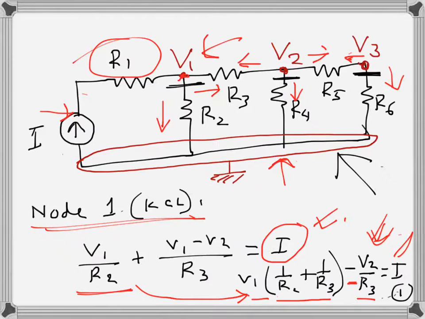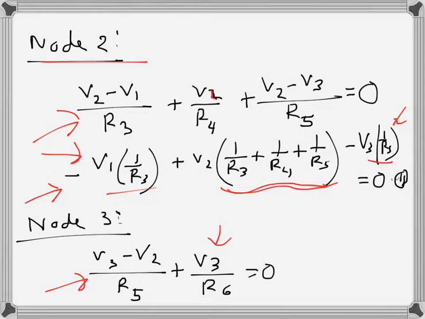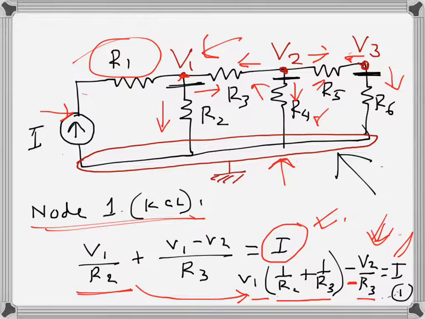Similarly for V2, the three resistances will be 1 over R3, 1 over R4, 1 over R5, because these three are connected to it. So that is the coefficient for V2, and there are two adjacent nodes for V2, V1 and V3.